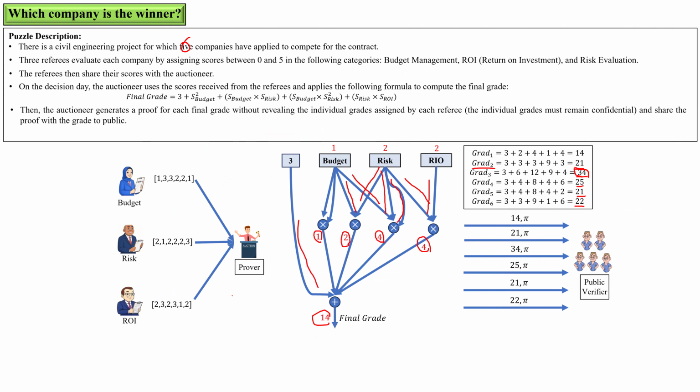Because of the privacy of the referees, or maybe because they don't want to allow the companies to get to know the referees more and understand which referee is more picky and which one is not, and then try to bribe the referees in the next application, right?